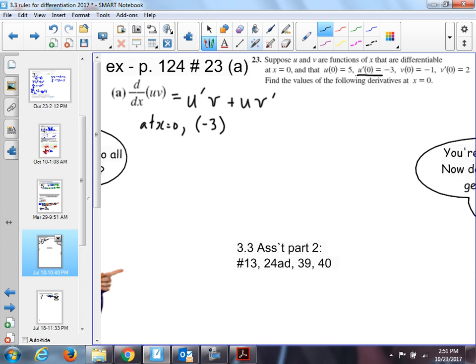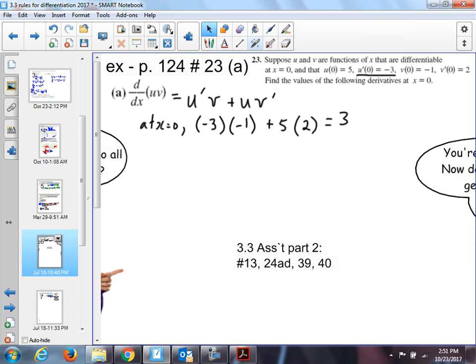I'm plugging it in from here. And v at 0 is negative 1. 3 plus 13. And then u at 0 is 5. V prime is 2. It's just arithmetic now. 10 plus 3 is 13. Y'all good with that?